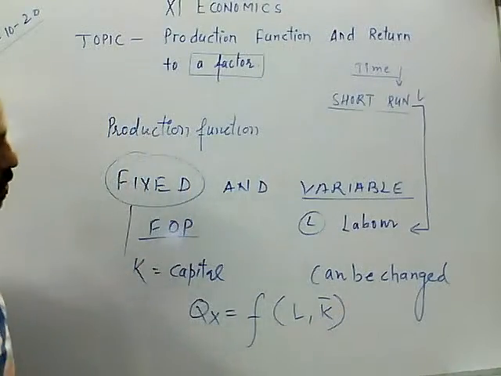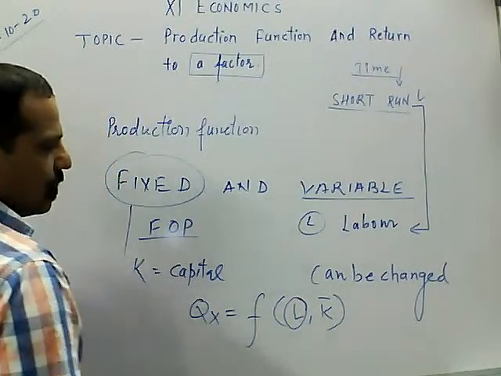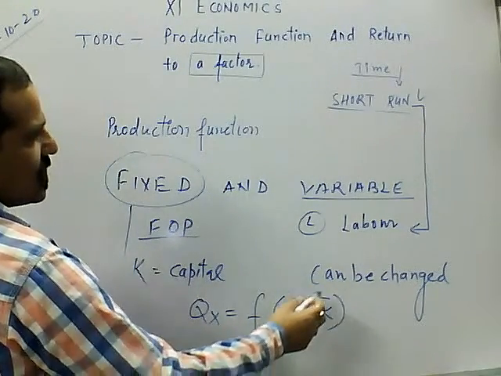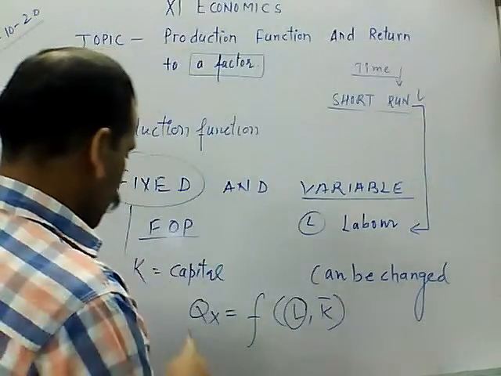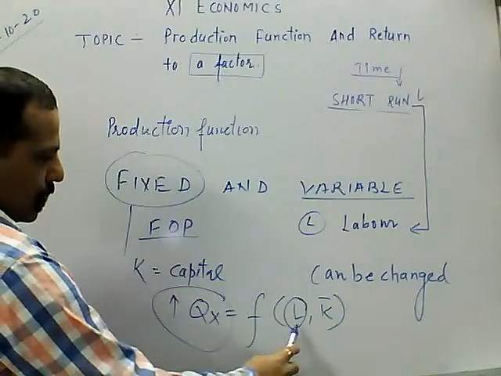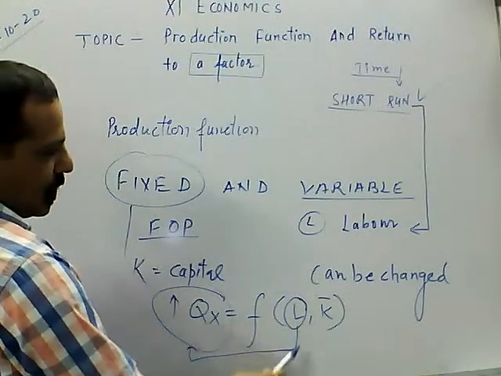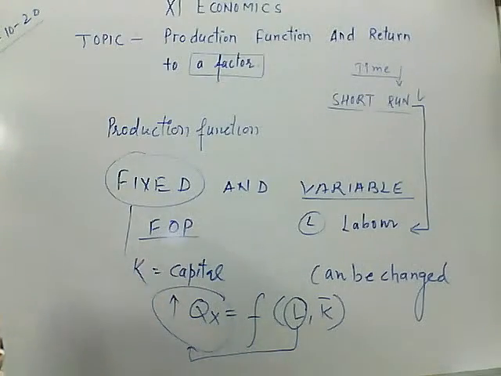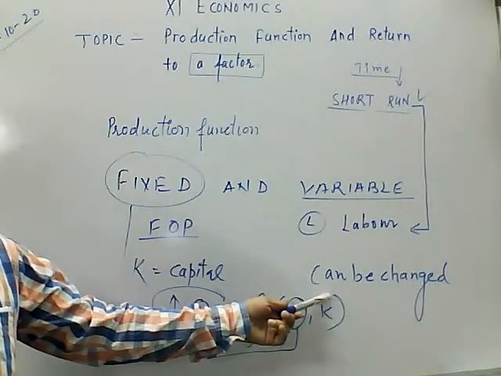Capital remains constant. By changing labor, output will also increase. So output can be increased by changing labor in the shorter period of time, whereas capital remains constant. This bar stands for constant.